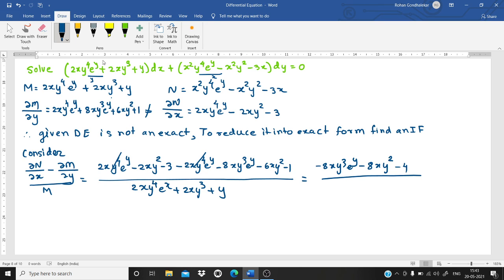Good, we can have y common from the denominator, so y into bracket 2x y cube e raised to y. It's not actually x, it has to be y. Plus 2x y square plus 1. So from the numerator we can have minus 4 common.